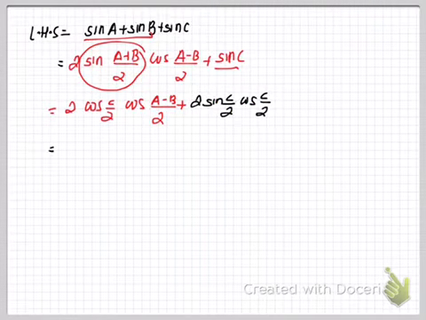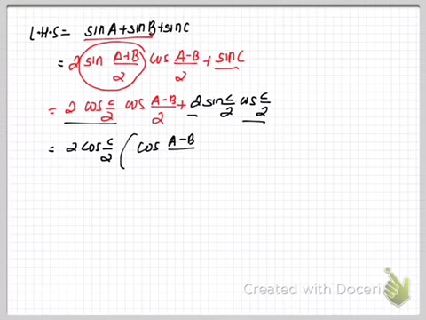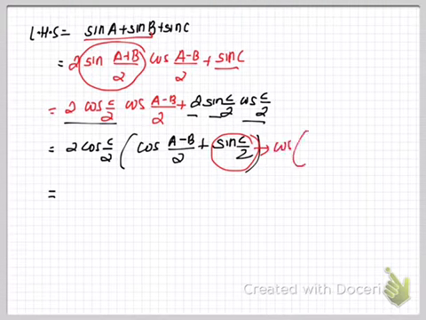Now I'm going to take 2 cos C by 2 common from both the terms. After that we have cos of A minus B by 2 plus sin C by 2. Again, I'm going to change sin C by 2 in terms of cos, and we know that sin C by 2 equals cos of A plus B by 2.